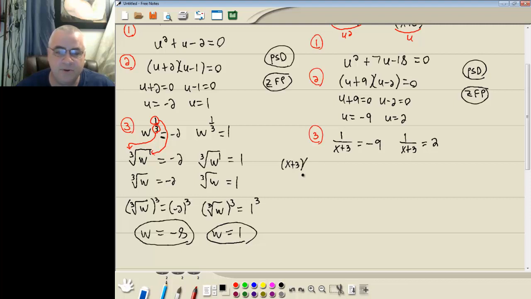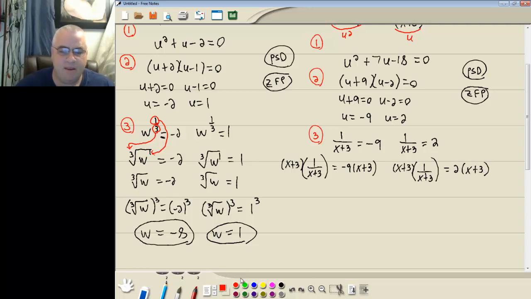We'll take x plus 3 times 1 over x plus 3, and negative 9 times x plus 3. And same thing on this equation: x plus 3 times 1 over x plus 3, and 2 times x plus 3. Now these x plus 3 are going to cancel.